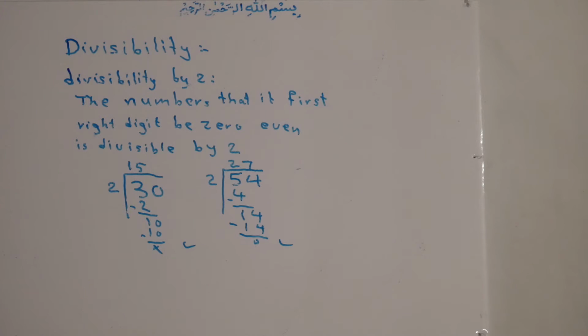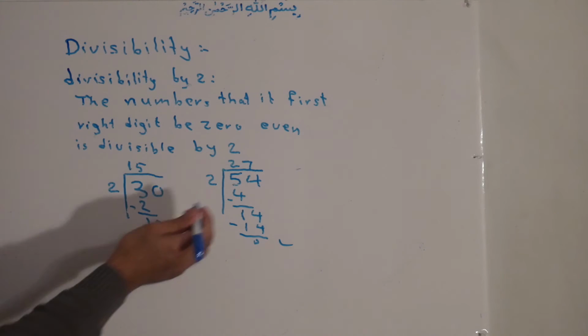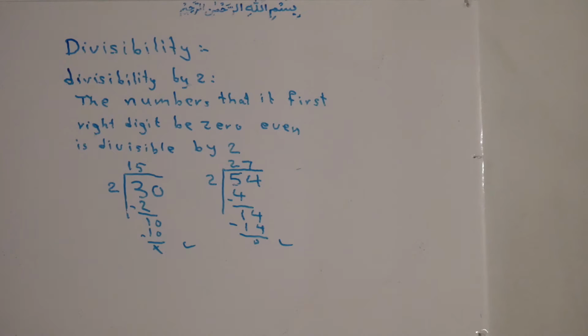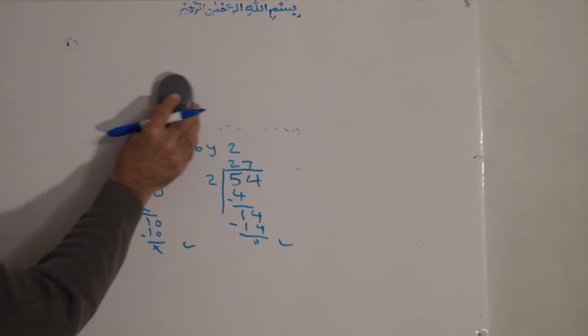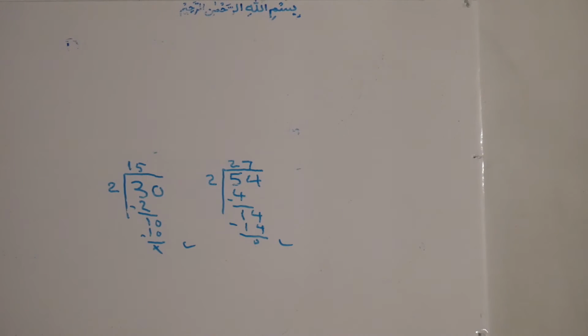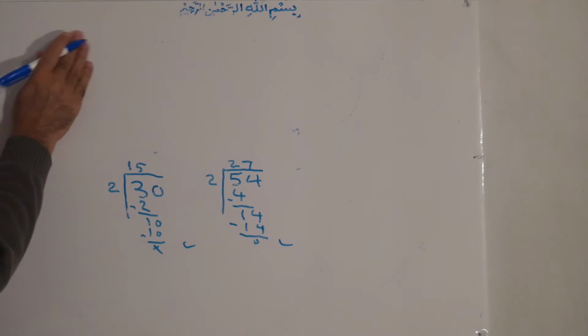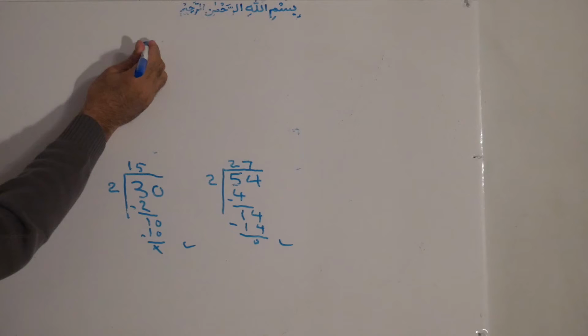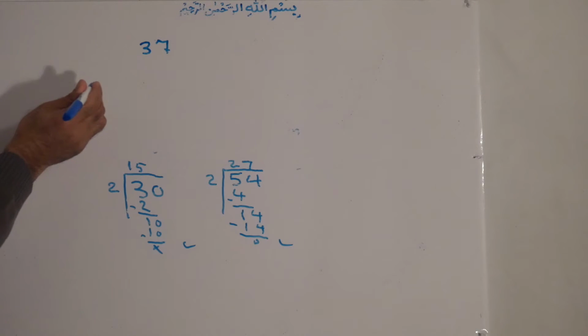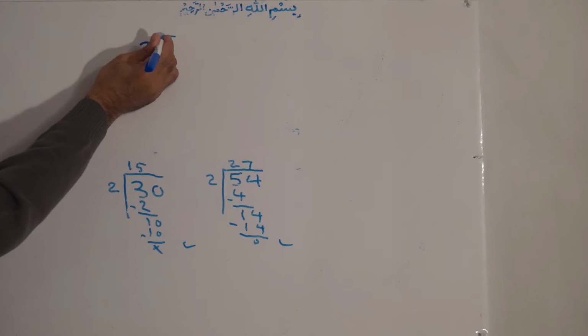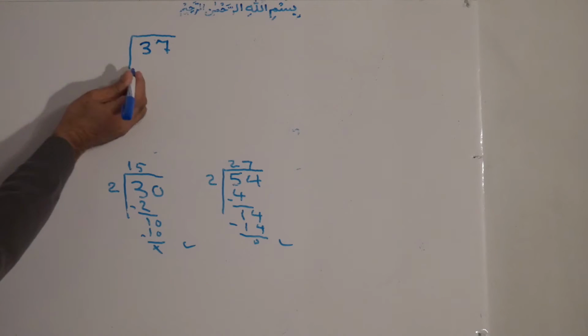If we see another number like 37, it is not divisible by 2 because the first right digit is 7 and 7 is odd, not even, and not 0.